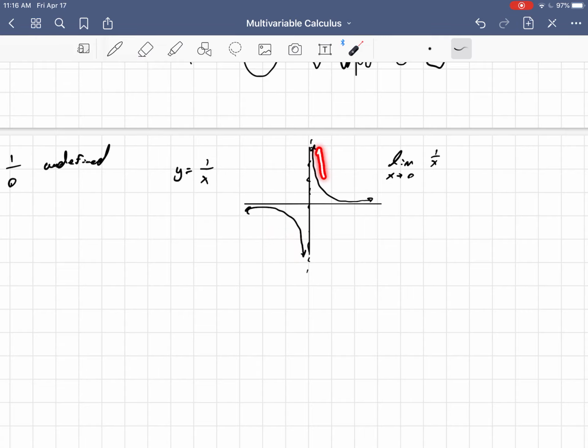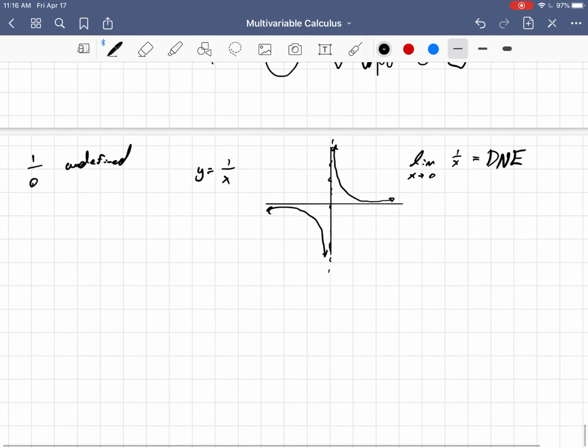This limit does not exist, because as I approach from the left of 0, I go down and down to negative infinity, and as I approach from the right of 0, I go up and up to positive infinity. So this limit does not exist, which, by the way, is why 1 over 0 is undefined, because 1 over x, as x goes to 0, becomes 1 over 0.